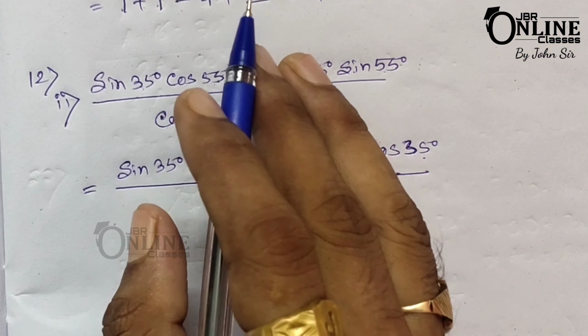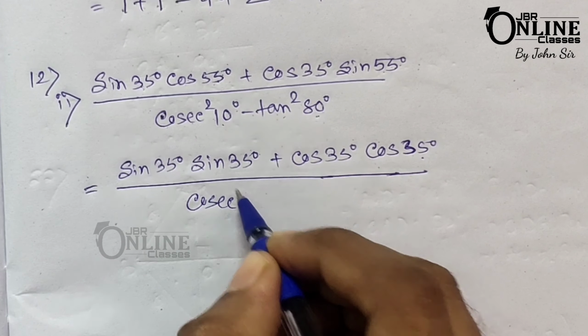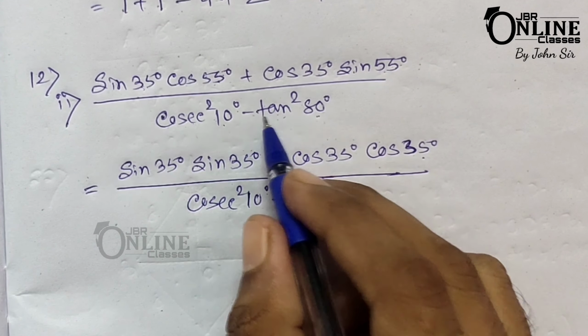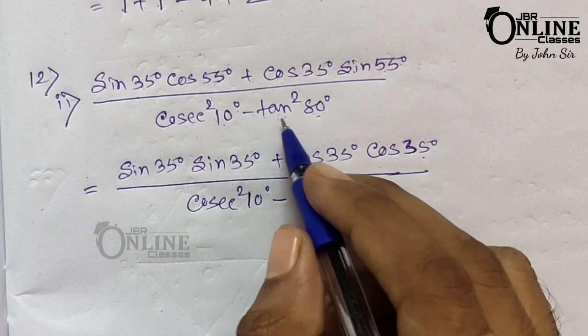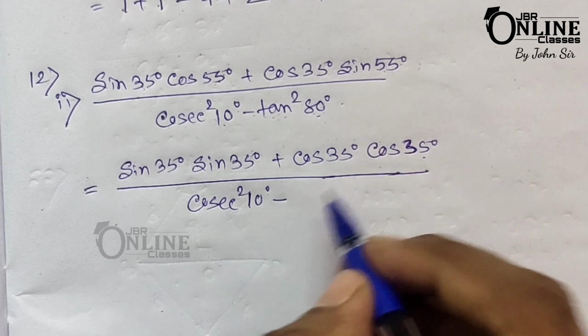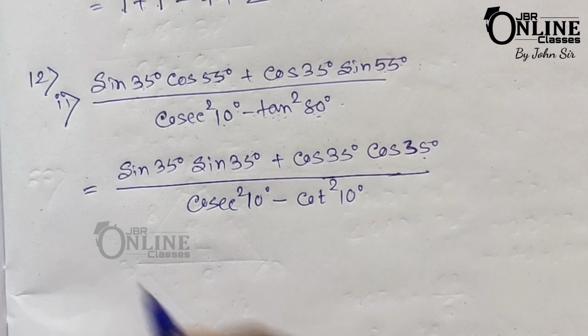Don't mix it up. Okay. So now here cosec square 10 degree minus here tan square 10. Now tan square 10 means you can change here tan 90 degree minus 10, that becomes cot. So cot square 10 degree.